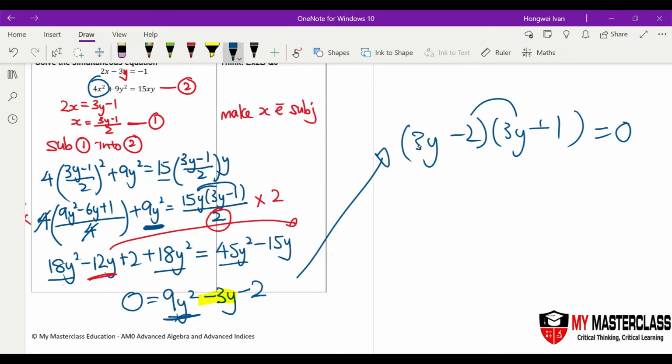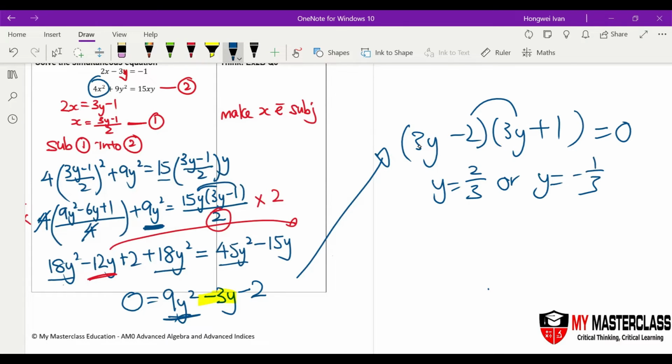Then minus 6y plus 3y gives you minus 3y. Last time we did a lot of cross factorization until we found a way ourselves. So y equals 2/3 or y equals minus 1/3.